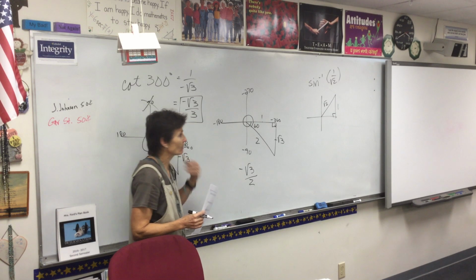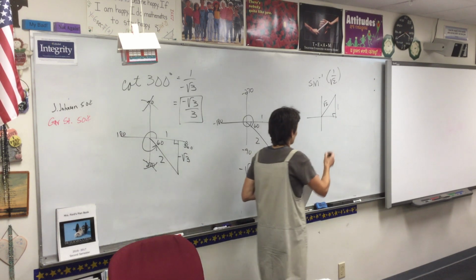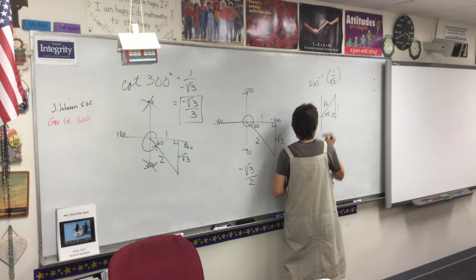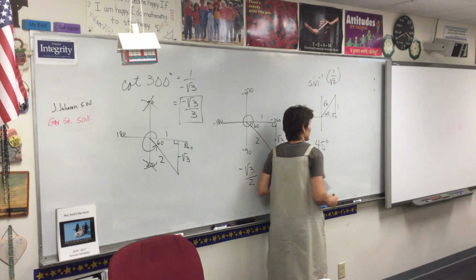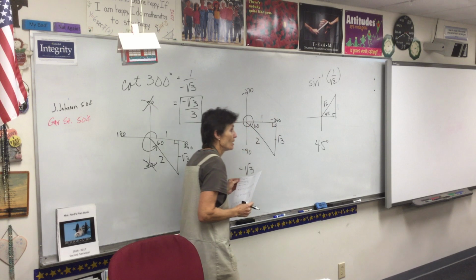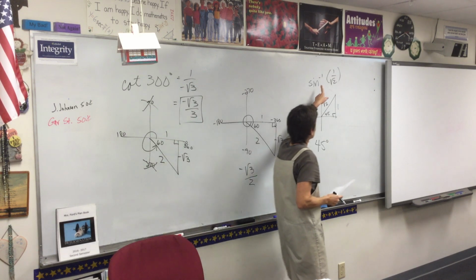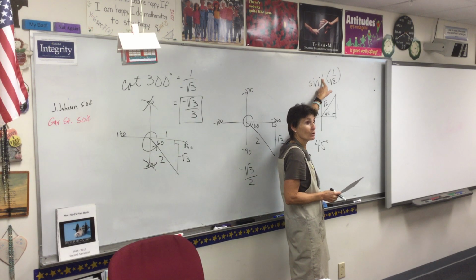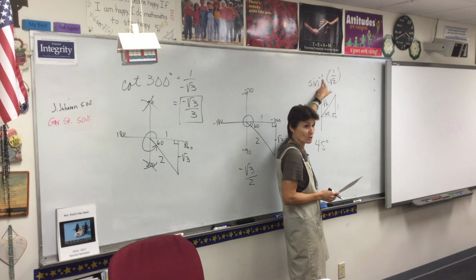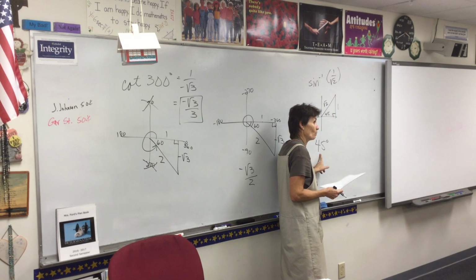How big is that angle? That's a 45, so the answer to the problem is simply 45 degrees. Remember, when you see this notation, it means you don't know the angle. The angle is what you're looking for. And you found it. It's 45.